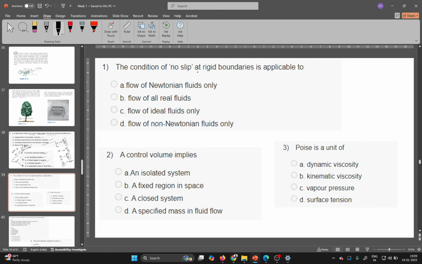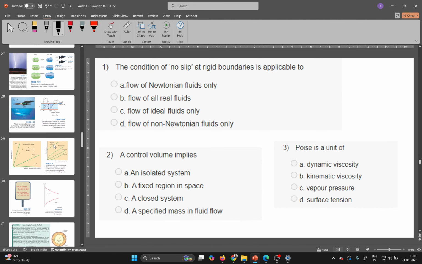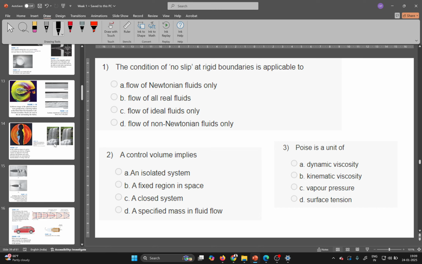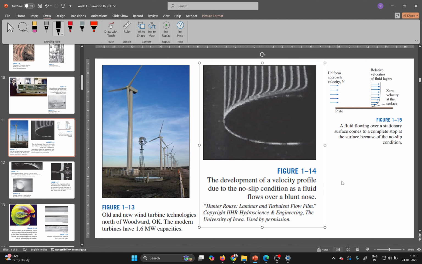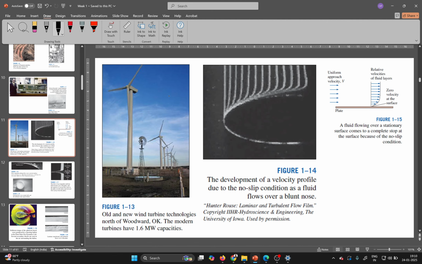So the condition of no slip, everyone knows what no slip is. Just focus on this slide. The no slip looks like that. If you see here, this is the surface of the body.